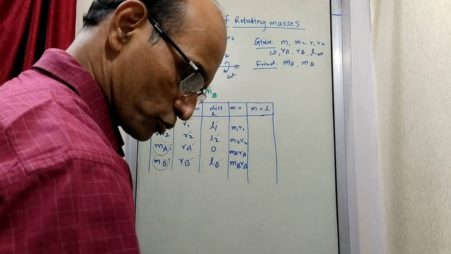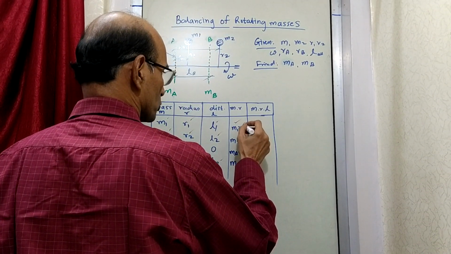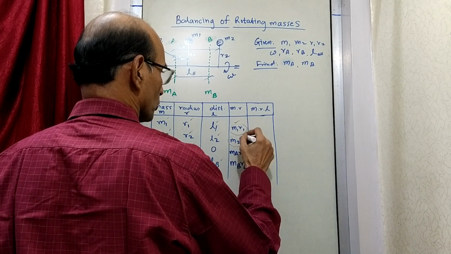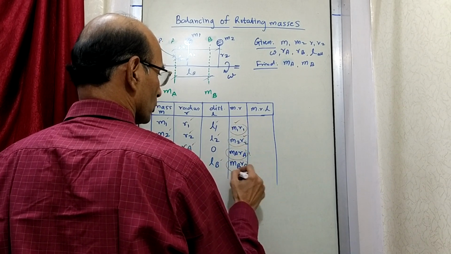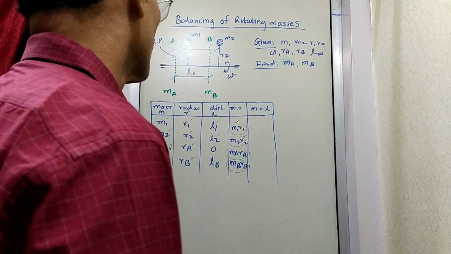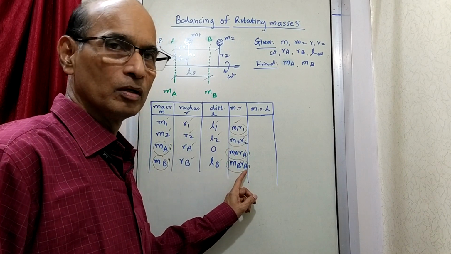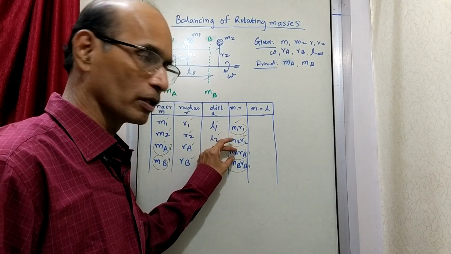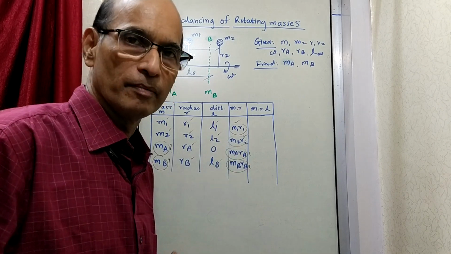So I'll just show here that this whole thing is known, this whole thing is known, but this is not known. This is not known. Because of MB and RB, although RA and RB are known, this is not known, so this is not a number still. This is a number containing MA. This is a number containing MB.